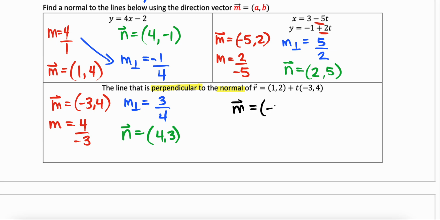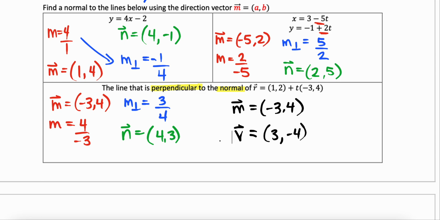So I could use negative 3, 4, or I could use the opposite one, which would have been 3, negative 4. Okay, so it makes no difference. And if you don't want to call that m because that was the original negative 3, 4, you can call it whatever letter you want. You can call it vector v, right? We're not going to call it n because n we've already used, and we're not going to call it m because m's already used. So we'll just give it some random letter to use.